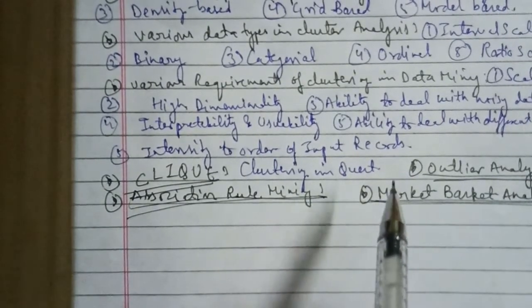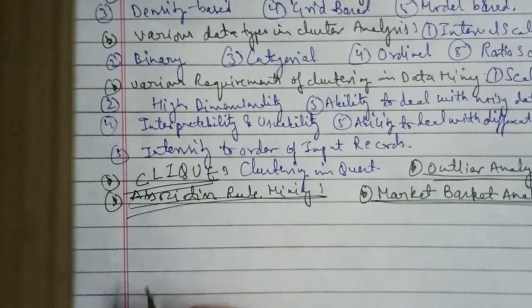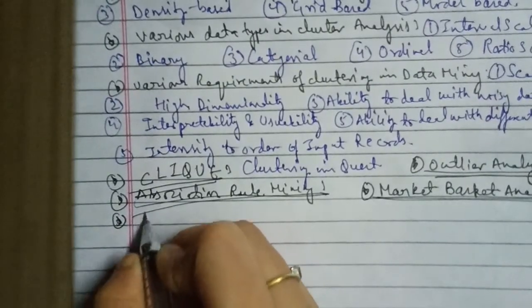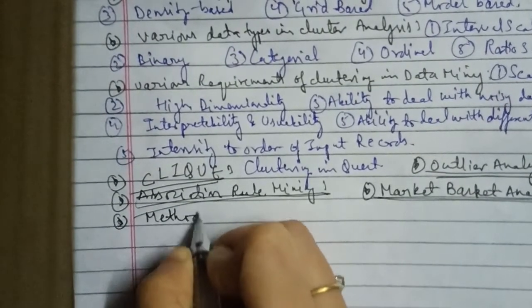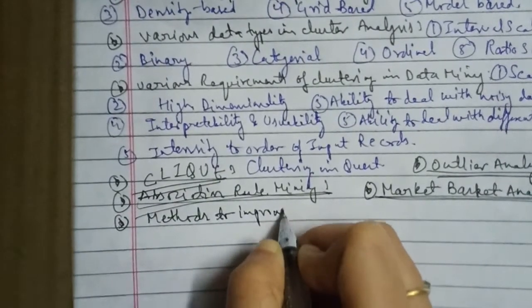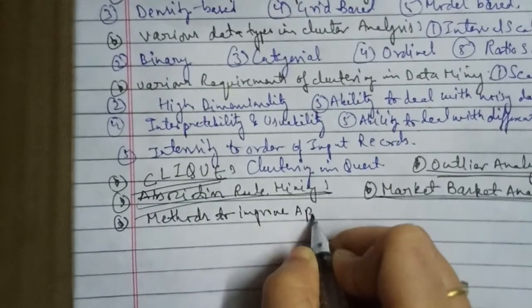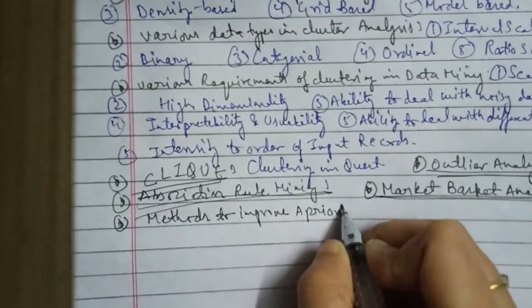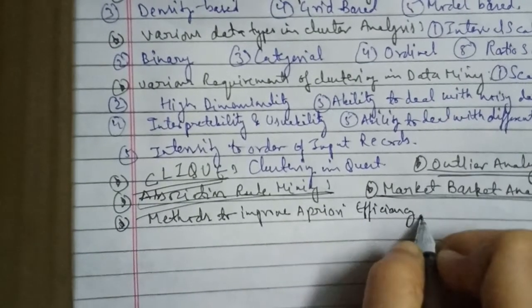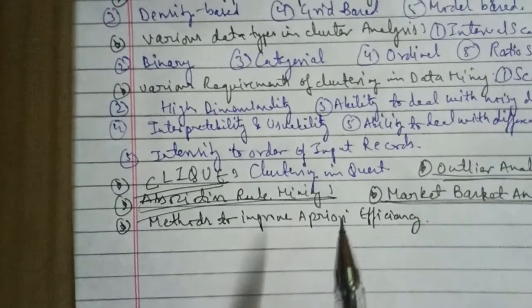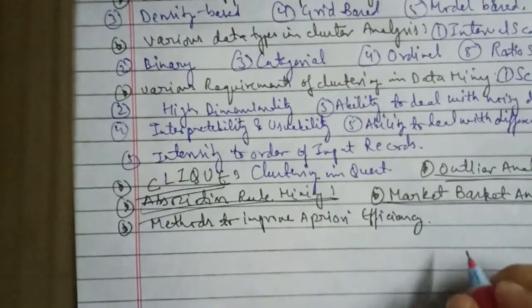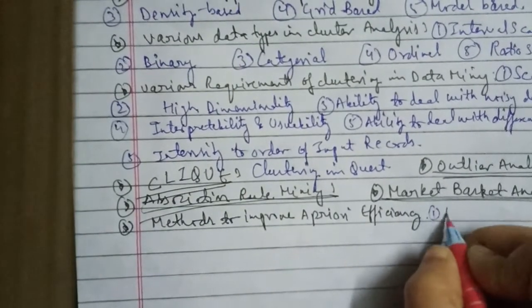Improve Apriori efficiency. The following are the various methods to improve Apriori efficiency. The first is hash-based itemset counting.